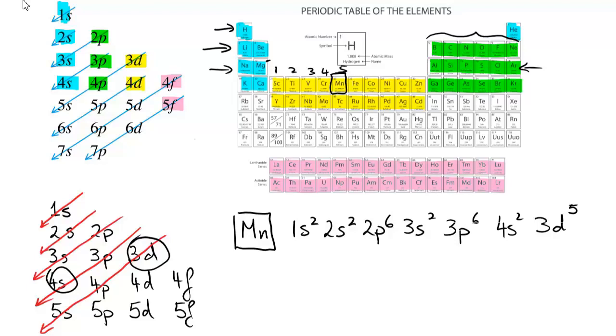Okay, now one of the things is, although in terms of energy this is how the electrons get filled inside the atom, the way in which you conventionally write this or present your answer is kind of like, in maths you wouldn't really leave a negative term in your expression.